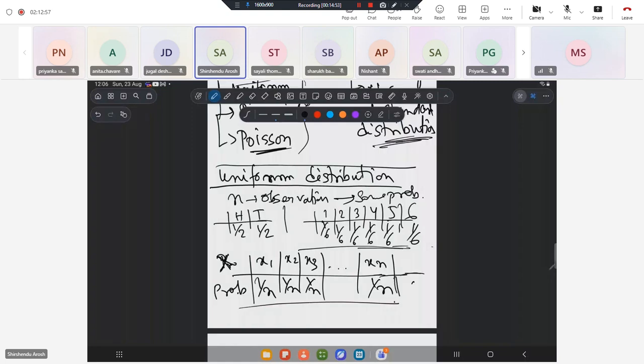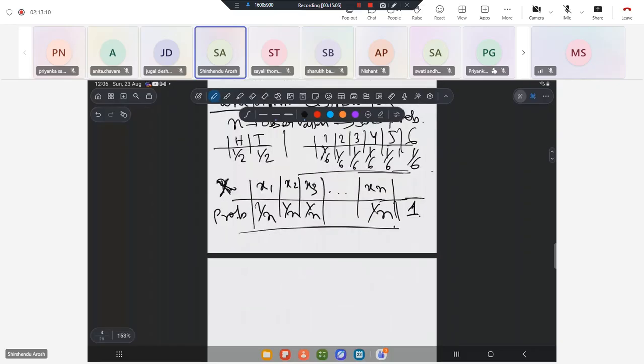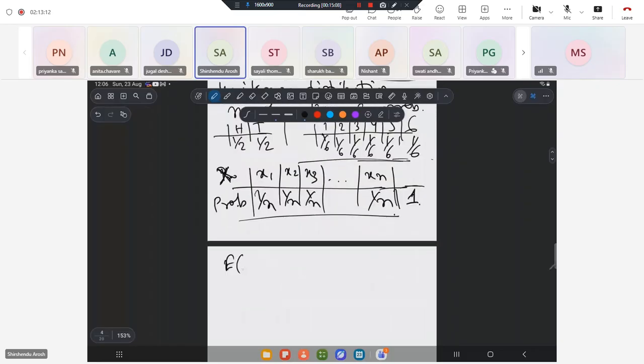At the end the total has to be 1, and this 1 by n is a non-negative number. So this is the uniform distribution. Of course, we can find out the mean. As a parameter, if we know the number of observations, the number of random variables, that is good enough to construct this distribution. Of course, we need to know the values, like for the dice it is 1, 2, 3, 4, 5, 6, depending on what values you are going to put.